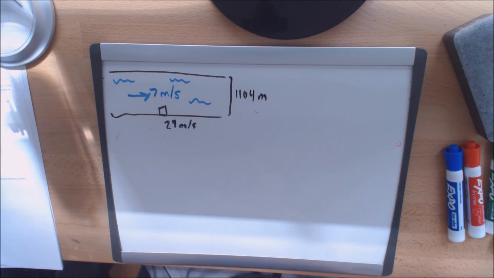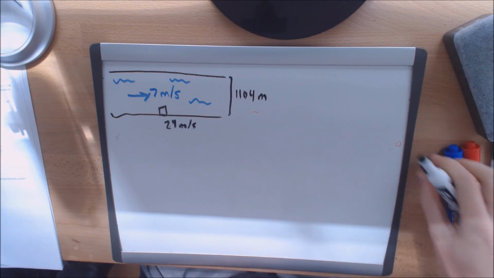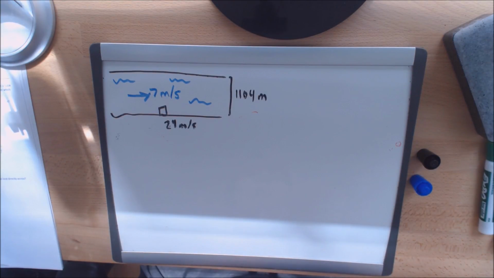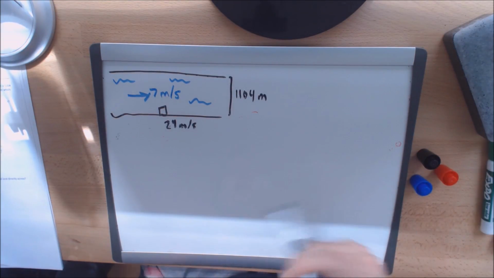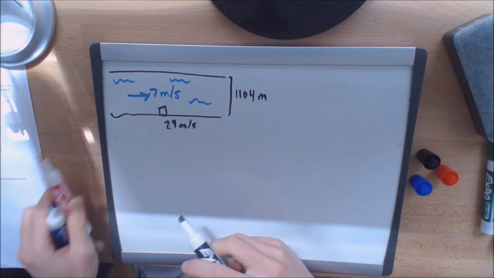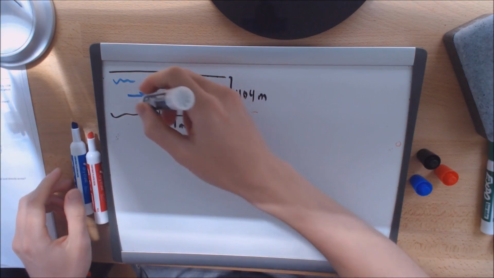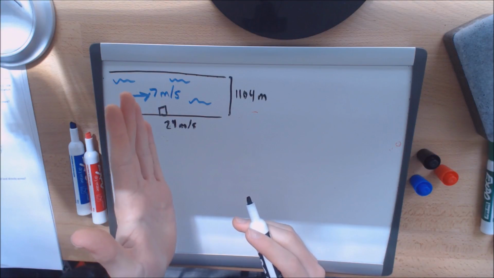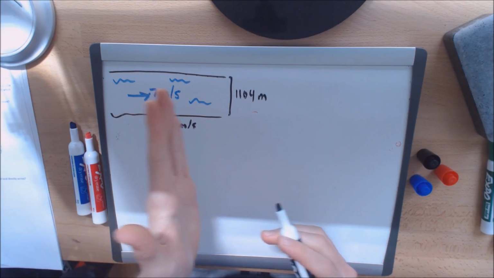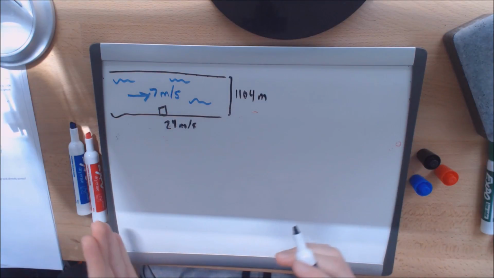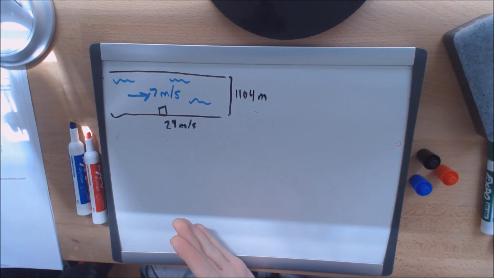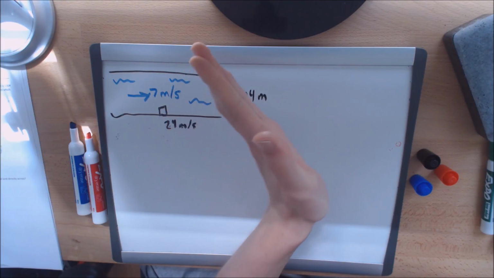So the next question we have is, what angle relative to straight across do we need to point the boat in order to go straight across the river? Because we know that our current is pushing the boat. So even if we point the boat straight across, the current's pushing the boat this way, and so we end up going like this. So we want to point the boat out a little bit so that we end up going straight.